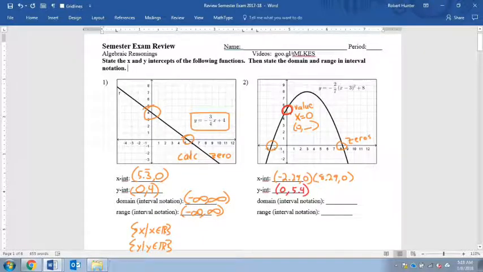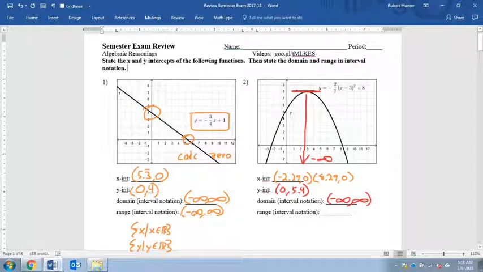Now the domain for the quadratic, they want interval notation, so that's negative infinity to positive infinity. The range for this guy goes from negative infinity up to that point right there. And since it's obvious, you can use 8.